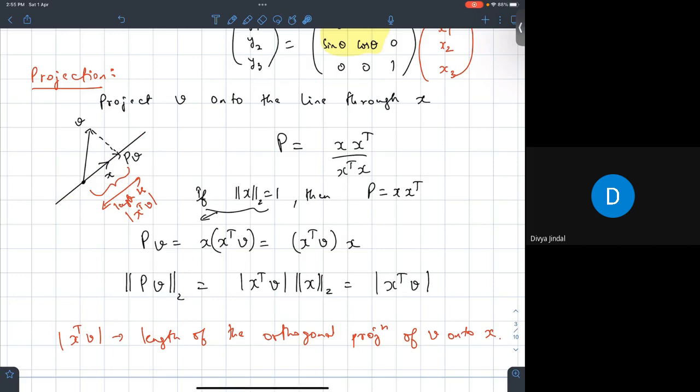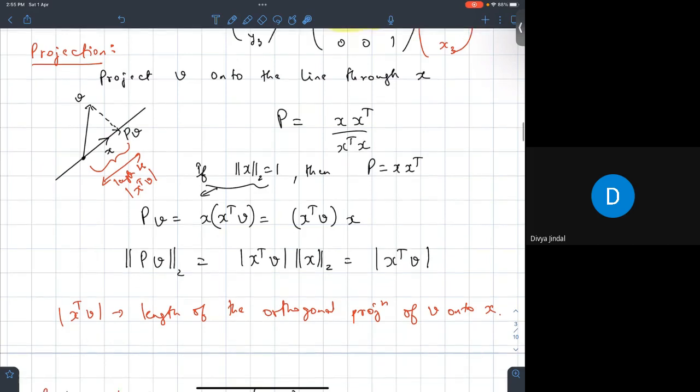So this if is just to understand X transpose V, which is an inner product. When you look at an inner product, you will see there's an angle and all of that, but this interpretation says that you can see it as the length of a certain vector after orthogonal projection.